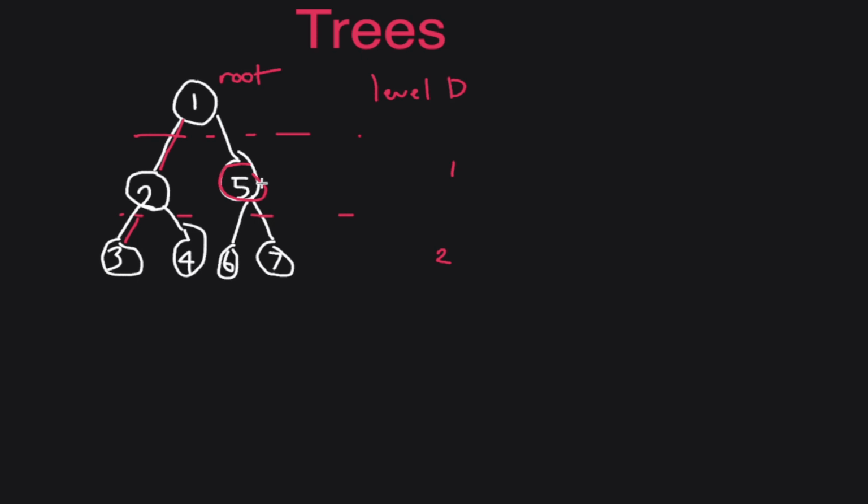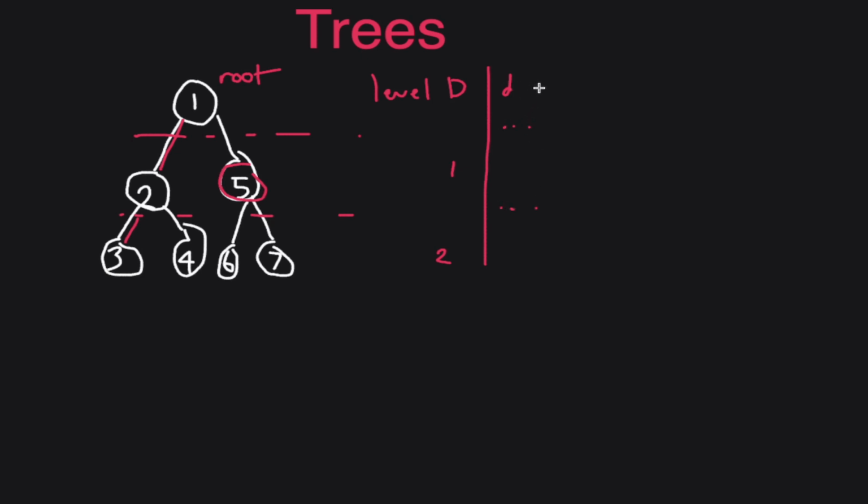There's also what's known as the depth, which starts at 0. The depth is the number of edges in the path from the root to that node. I'm going to put D here for depth.